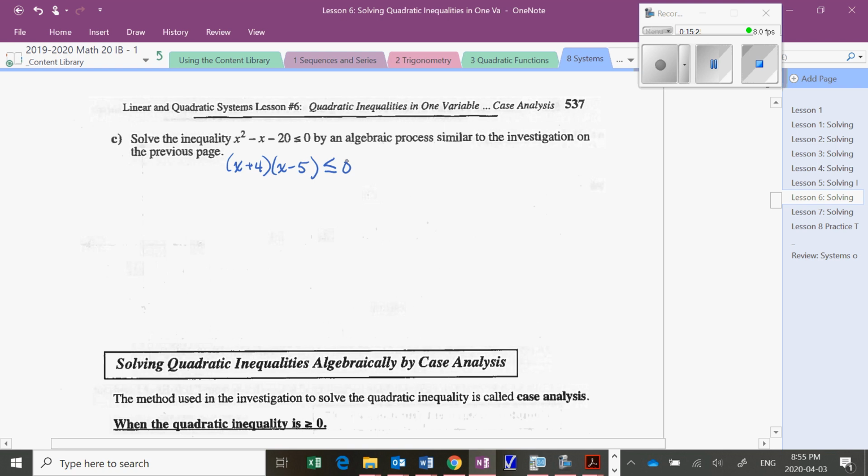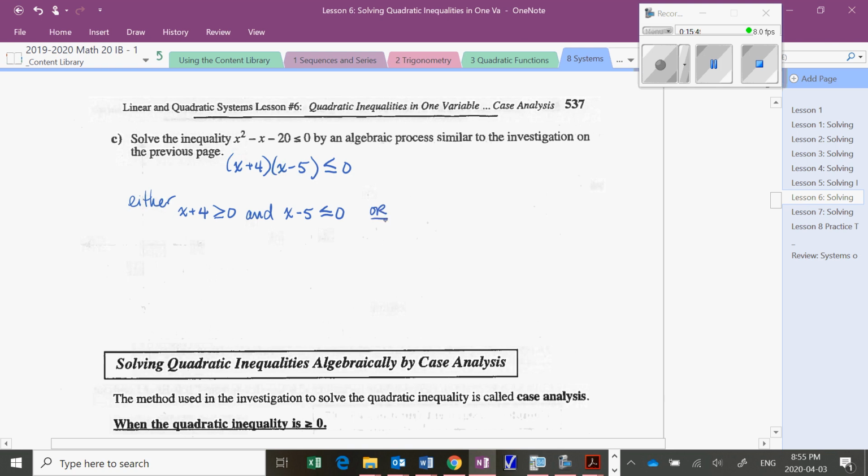So our possibilities are either that x plus 4 is positive, so that is greater than or equal to 0, and if that one is positive, then x minus 5 must be less than or equal to 0.